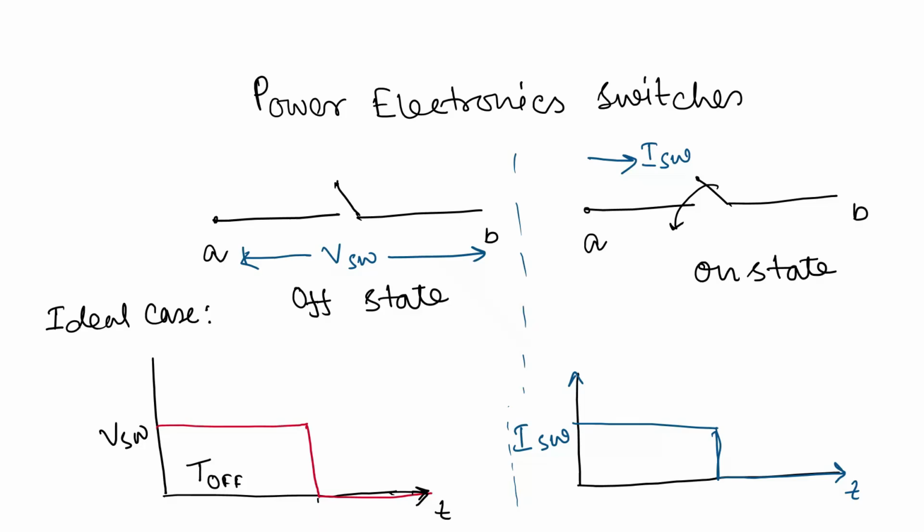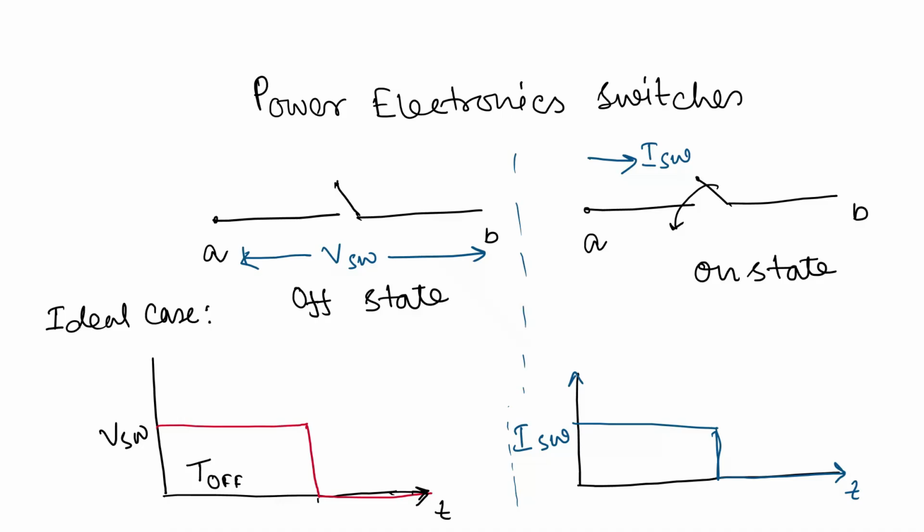If the two sides are point A and point B, the potential difference between A and B is V switch, VSW. That means a voltage source is connected, but the switch is in the off position. So what voltage can it withstand, or what is the voltage across this open circuit? This open circuit voltage is the same voltage that appears across the switch. That is the V switch.